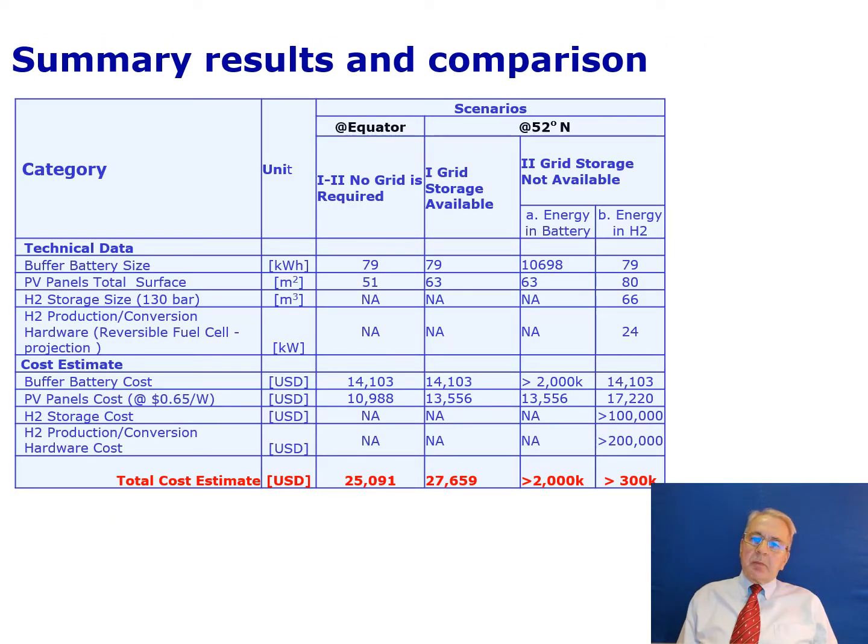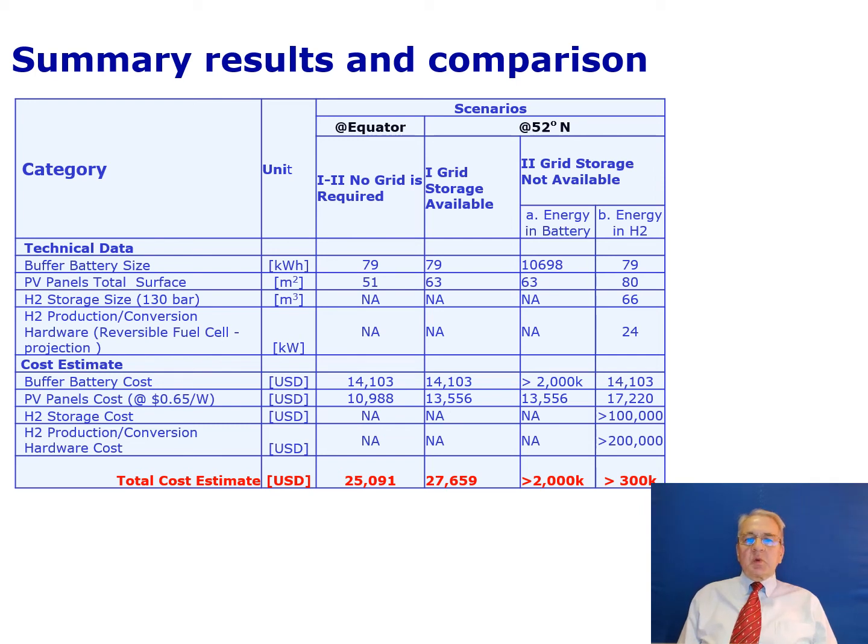Summary results and comparison, of course, is as follows. At the equator location, solar panels charge a battery bank covering the daily energy requirements. The battery size is 79 kilowatt-hour, PV panel surface about 51 meters squared, and the cost is about $25,000.